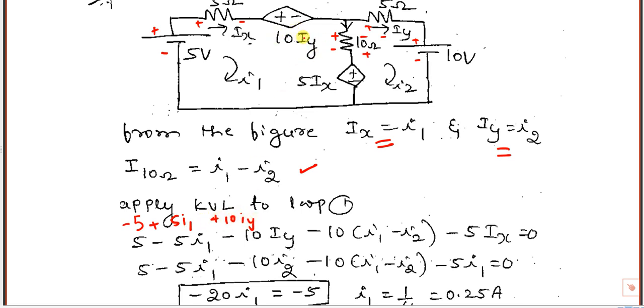This is the voltage value that is given, 10 IY. It is already a voltage, so that's why you write 10 IY. Then 10 times I1 minus I2, and this is also one more voltage source. So it is plus 5Ix is equal to 0.